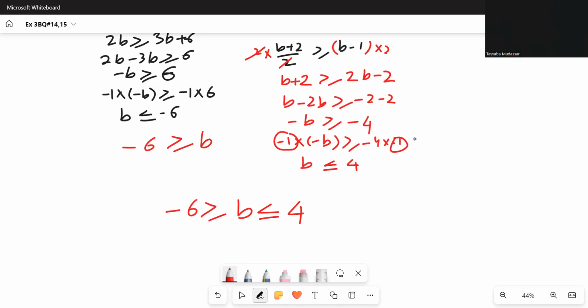B lesser than... but the answer is lesser than minus 6 only. Minus 6 only. Why is it minus 6 only?